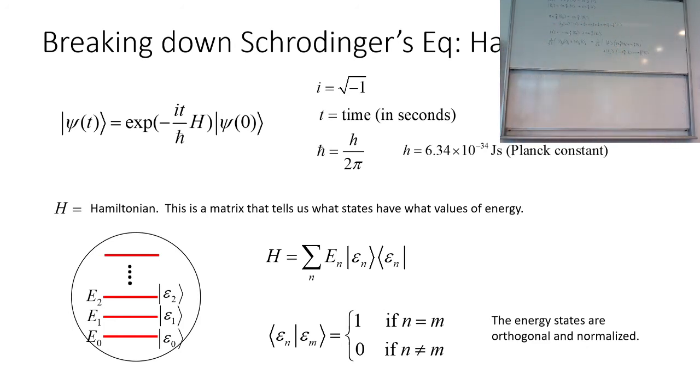So in this atomic case, these might be the energy levels of an atom, and these are distinct orthogonal states, and they have a particular energy. That's just how separated these states are. And as usual, these energy states are orthogonal and normalized.